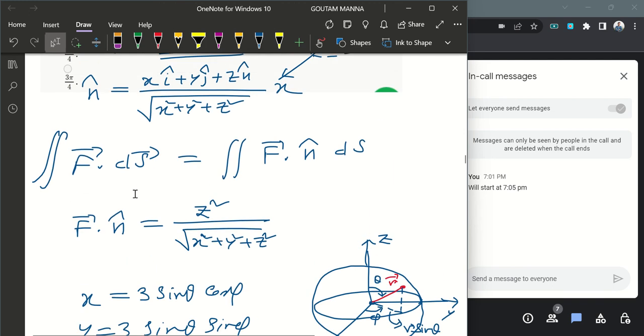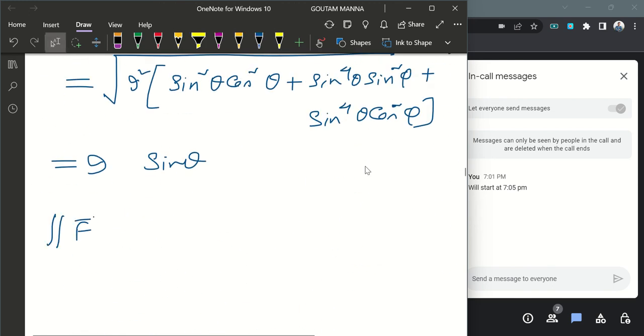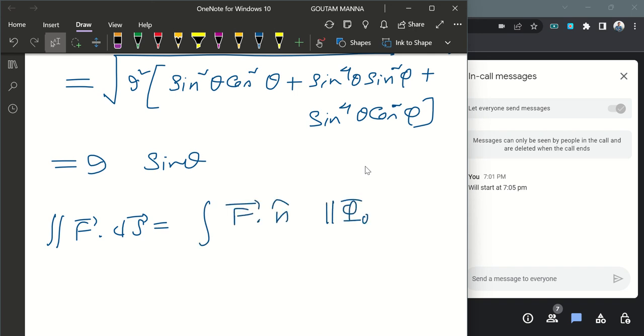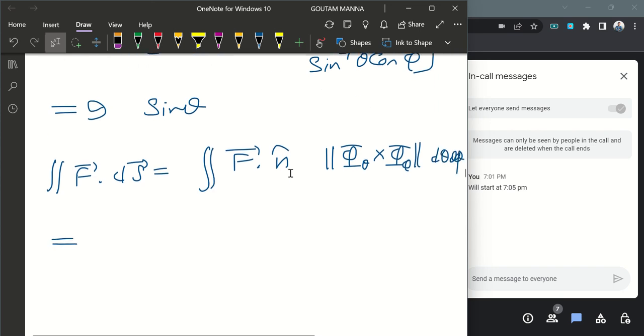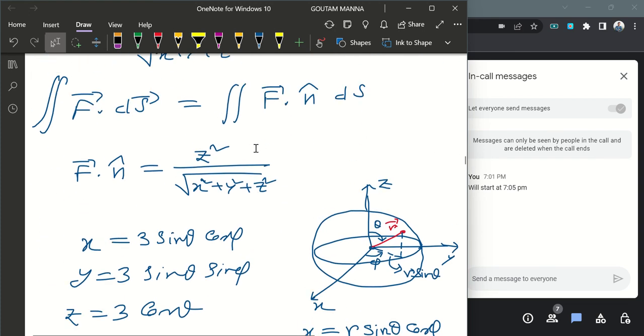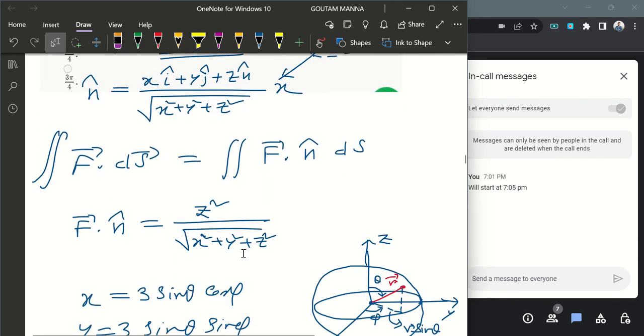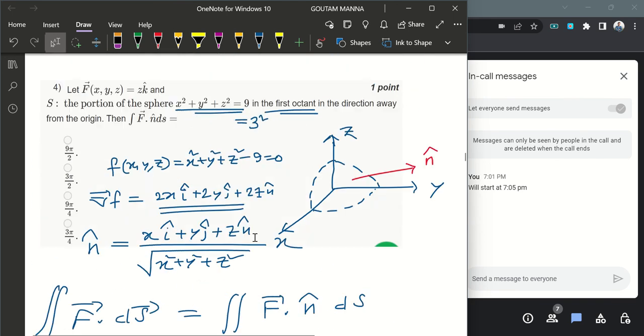So then if you put everything here, F dot dS will be F dot n hat times Phi theta cross Phi phi d theta d phi. F dot n hat is z square divided by this quantity, and as we are on the surface of this sphere, this quantity is the radius, which is 3.